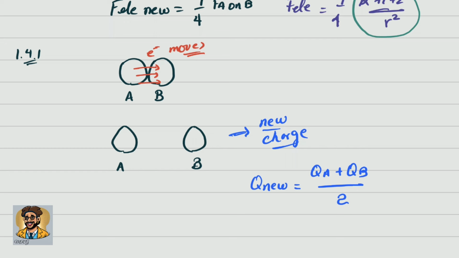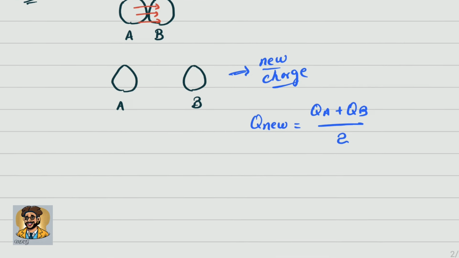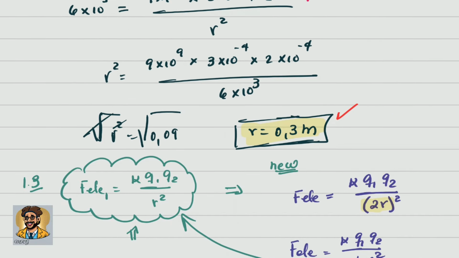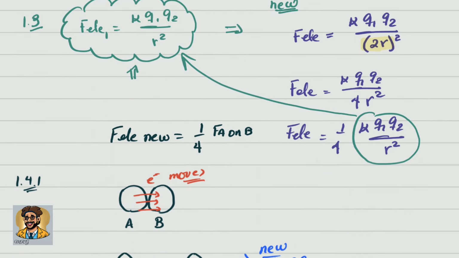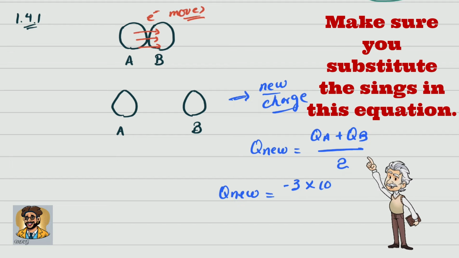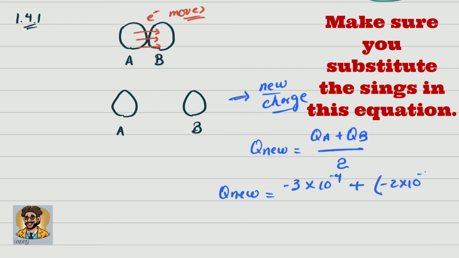This one is charge conservation, or conservation of charge, and it was done in grade 10. So when you substitute everything here, Q new, we have the charge A, remember it was 3 times 10 to the minus 4, and this time we do have to substitute the sign, times 10 to the minus 4 plus minus 2 times 10 to the minus 4.